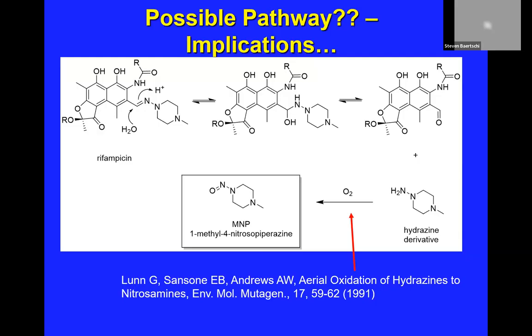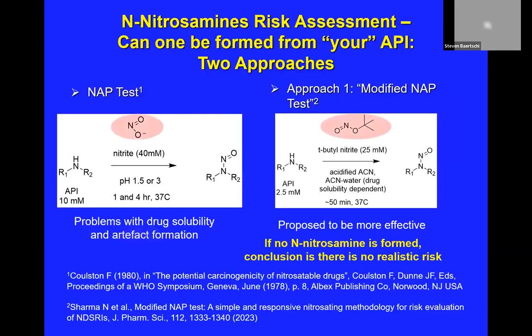There are a couple of approaches to determine whether or not your compound, an API, can form an N-nitroso compound. The original NAP test has some problems with drug solubility and artifact formation, but there have been two approaches developed.